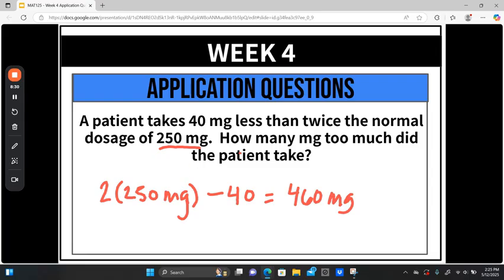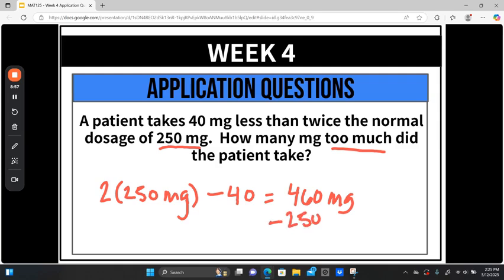But we need to look at the question again. How many milligrams too much did the patient take? So they're not asking for this value right here. They're asking how many milligrams too much. Well, let's look at the original dosage. The original dosage is 250 milligrams. So let's subtract, since we're looking for the difference here.